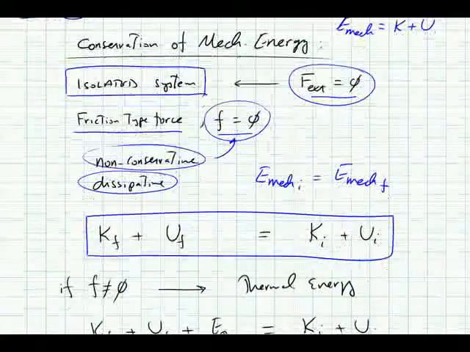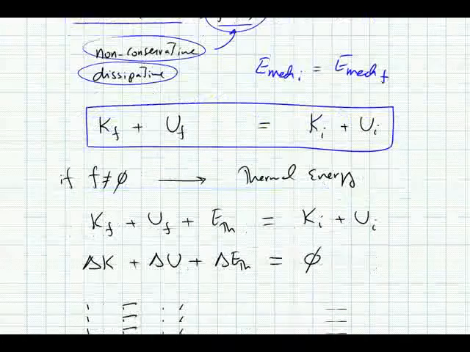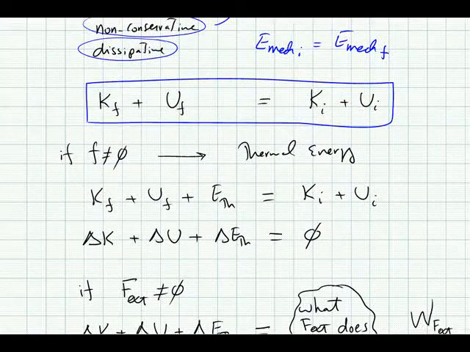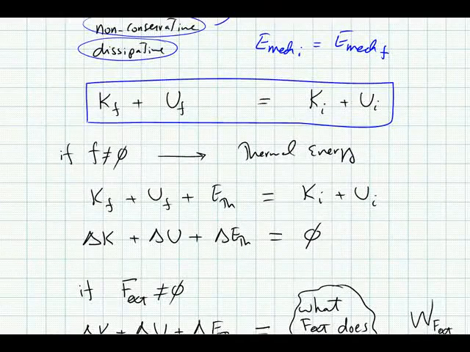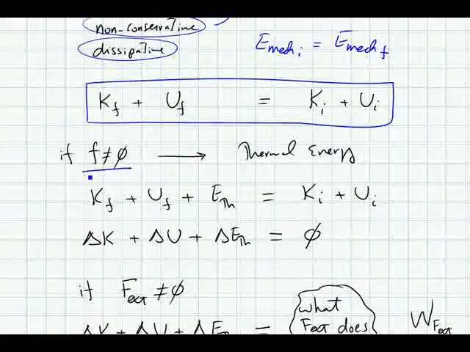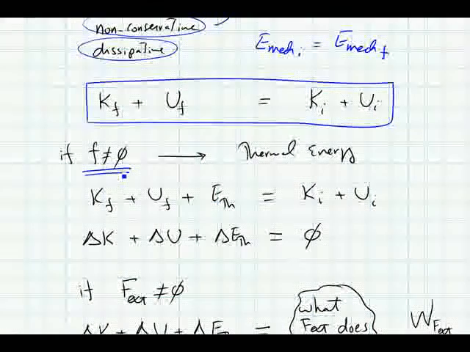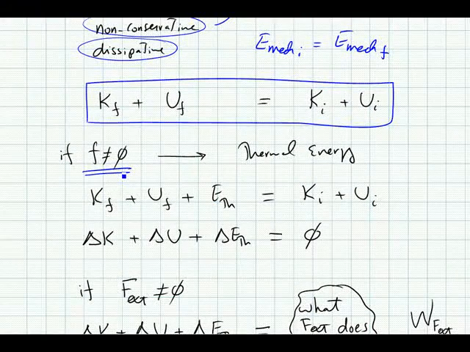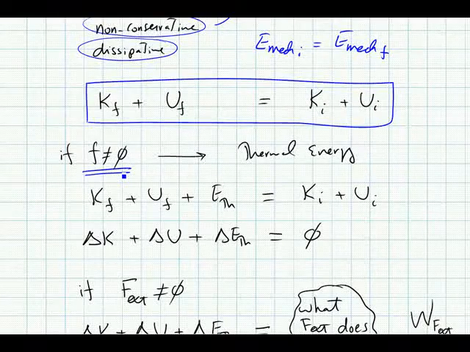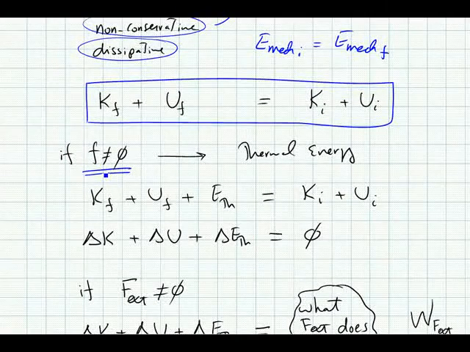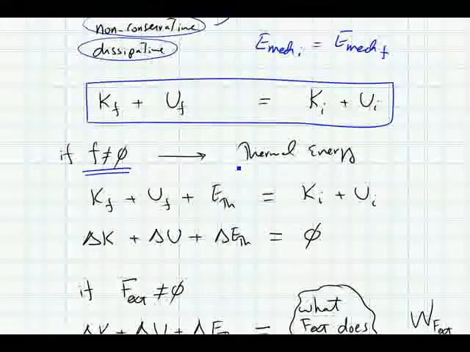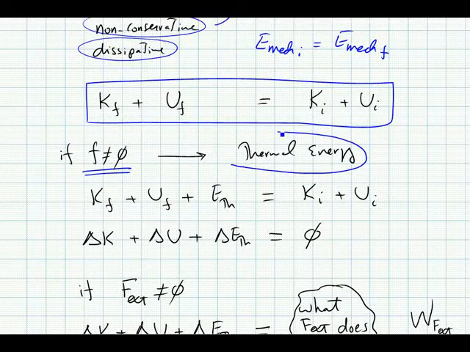Now let us take a look and consider the scenario where friction type forces, these dissipative forces, are non-zero. In that case, if friction type forces do exist, then that leads to an increase in the thermal energy of the system.